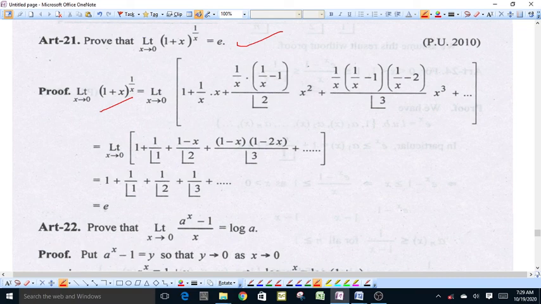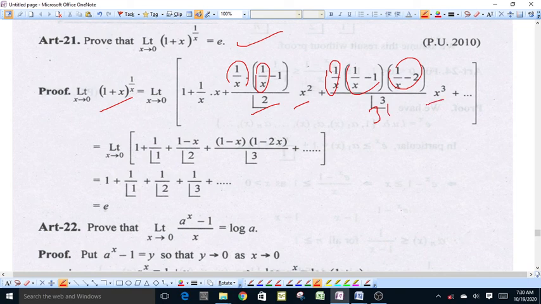This can be written as 1 plus n into x, here n is equal to 1 by x, plus n into (n minus 1) upon 2 factorial into x square, plus n(n minus 1)(n minus 2) upon 3 factorial into x cube, and so on.